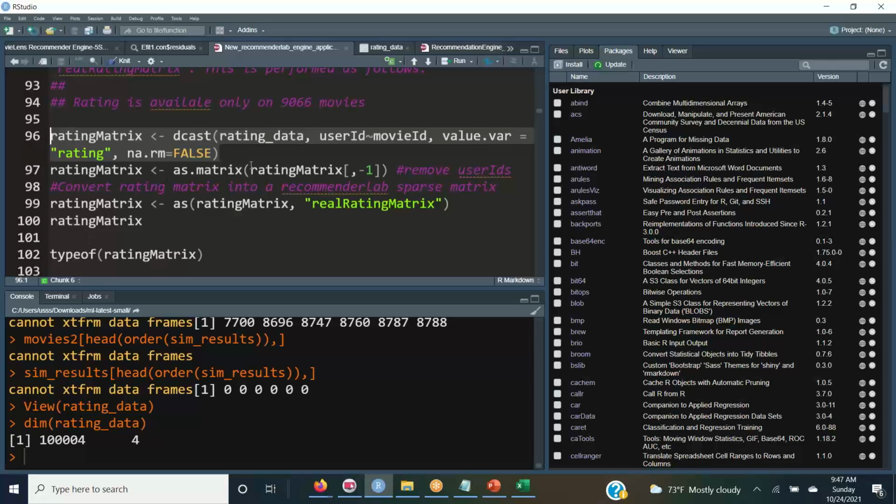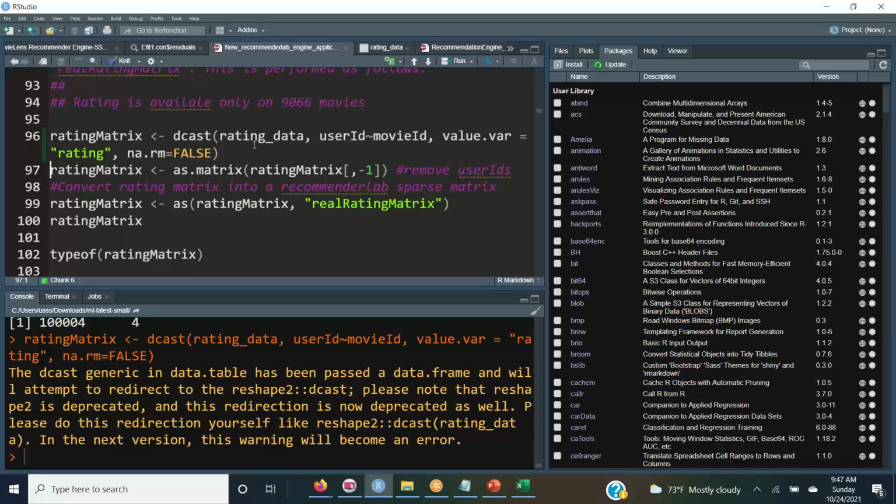Then we make it a matrix, and then we can view the rating matrix. Up to this point it is a rating matrix you can view, but once it becomes like the other form, you won't be able to view it. So let me redo this, just up to this one.